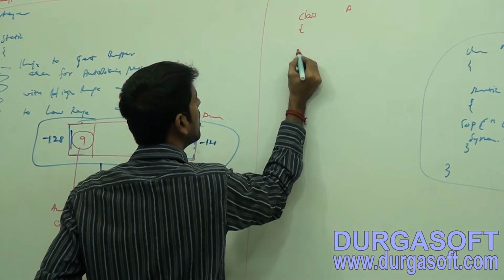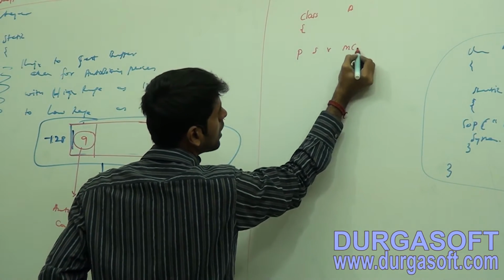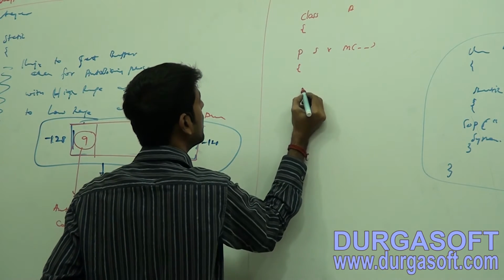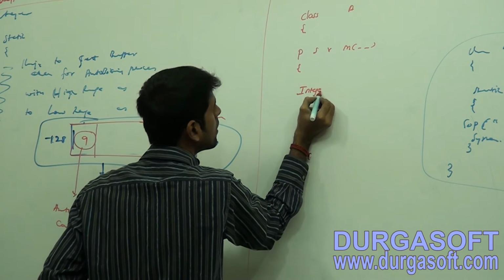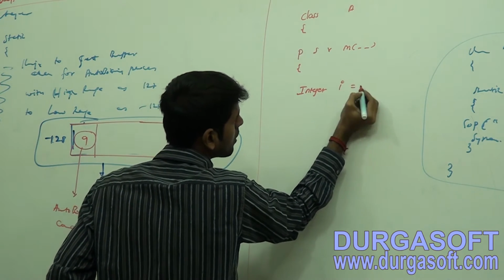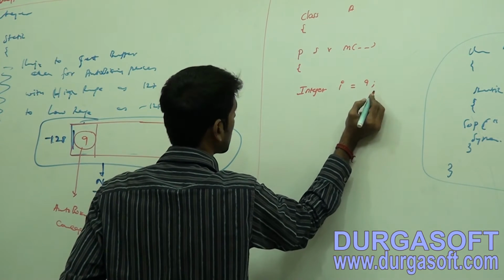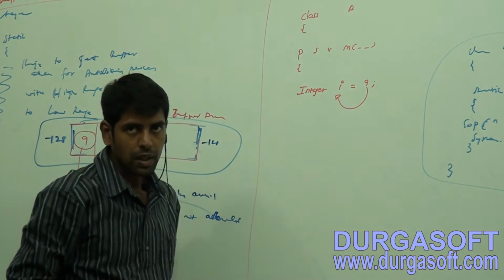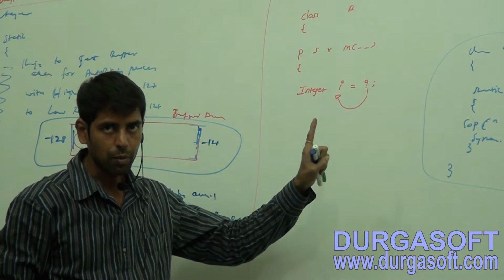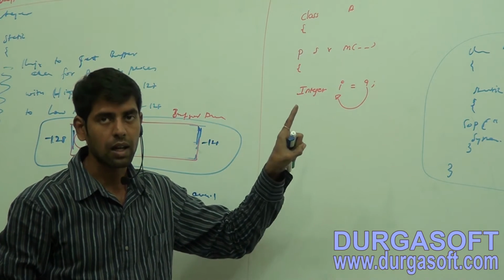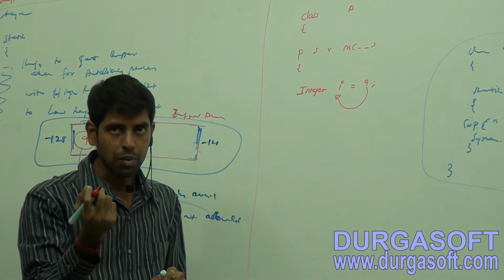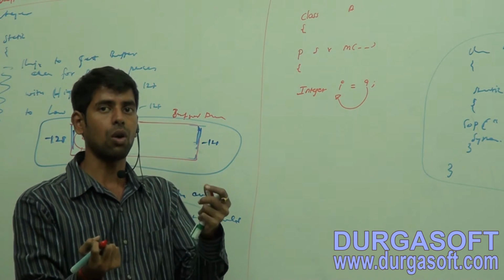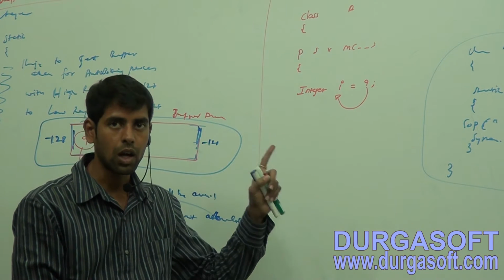Now public static void main String array, Integer, I assign 9. Observe here, this conversion, converting a primitive to a wrapper object, otherwise wrapping primitive data within the object, is called auto boxing.